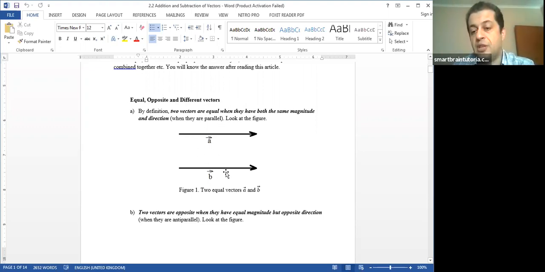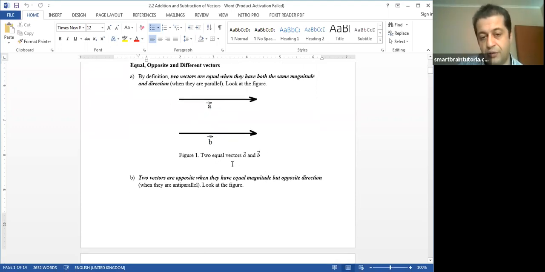Look at the figure. In this figure, we have the vector A and the vector B. They are equal because they have the same length and they are in the same direction. Both are due right, let's say. Here we have two equal vectors A and B.